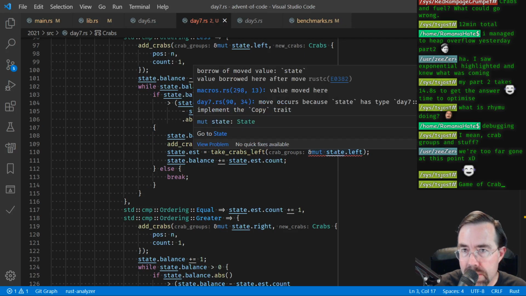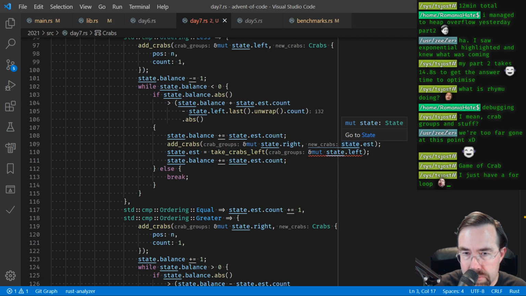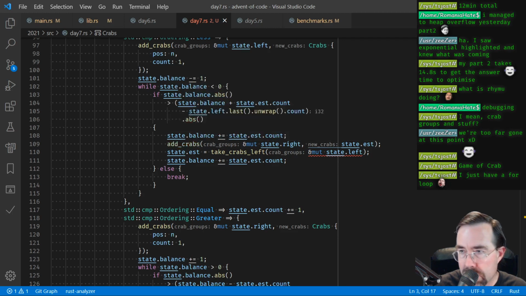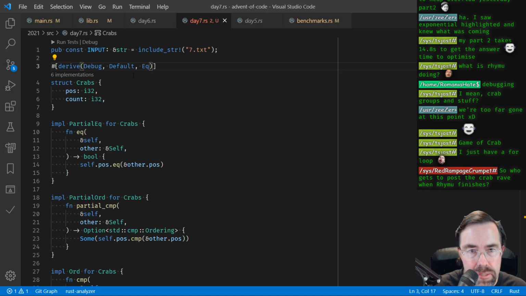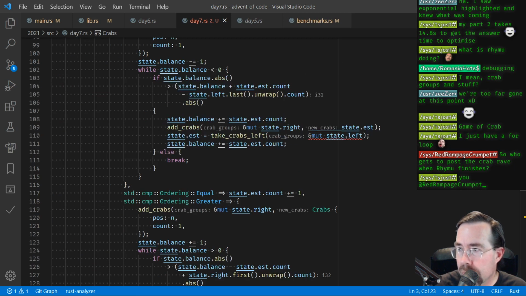Okay, what's wrong with this? Okay, state got moved where? Oh, here. Yes, so how do I do that? Well, one way would be to make it copy. I think I will do that, because I'm lazy. Make it copy and clone and copy.